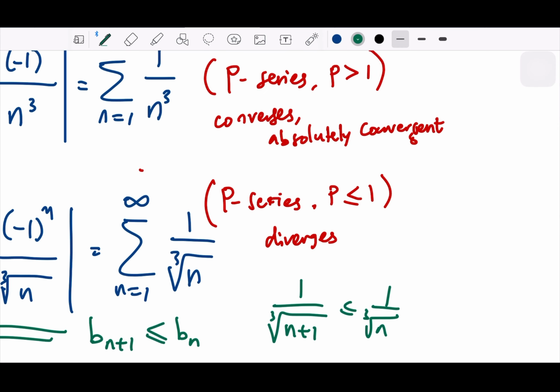And then the limit of 1 over bn is also 0. So since this is true, then we can say the alternating series converges.